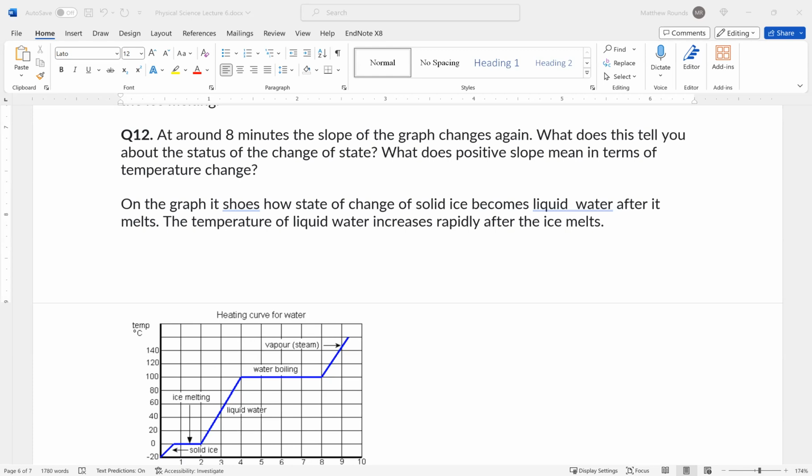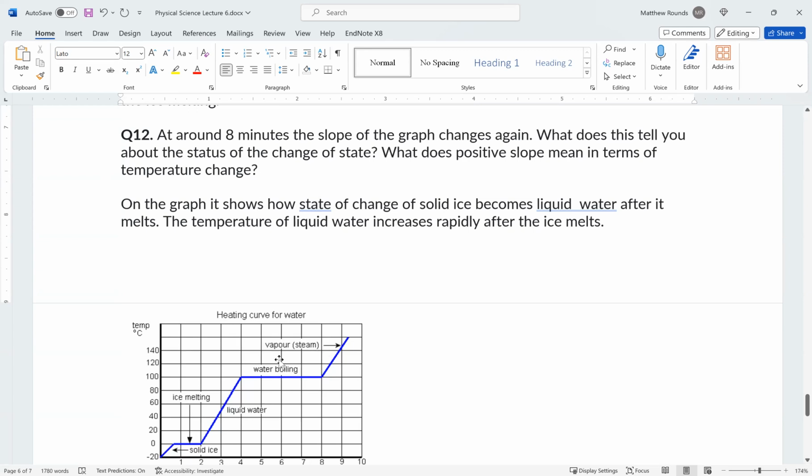Okay, wait. Around the 8 minute mark, I should mention that the water starts to boil after 8 minutes, or should I say that the water starts to vaporize? I would follow the template you have here instead of saying change from solid ice to liquid water, it's going from liquid water to vapor steam after it boils.